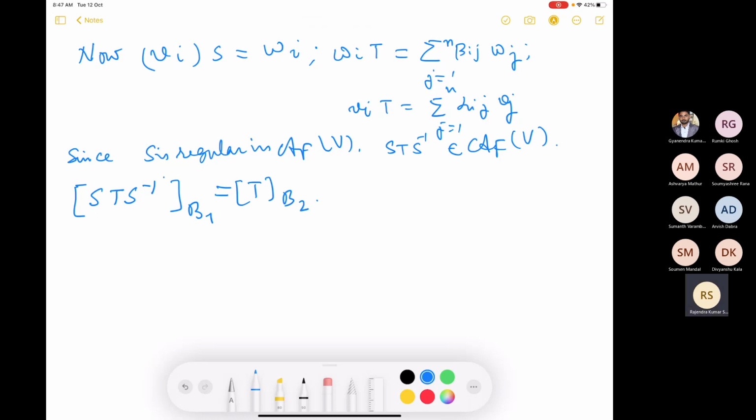Why is it so? You can see that for V_i under ST, for example, first take this.